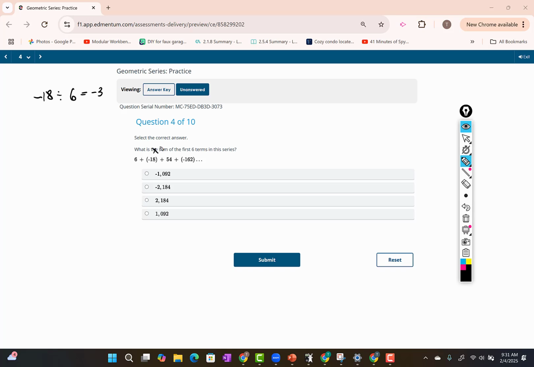But what is negative 18 times negative 3? Use a calculator or mental math. That ends up being positive 54. Positive 54 times negative 3 also gives us negative 162. So we know our common ratio in this problem, or r, is negative 3.